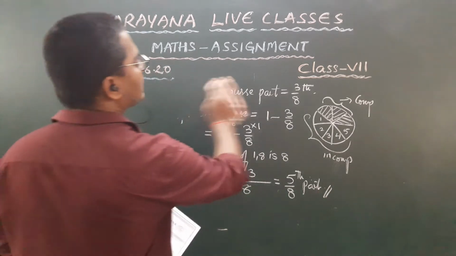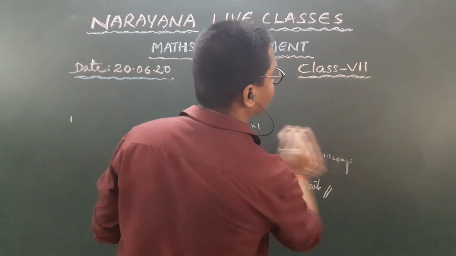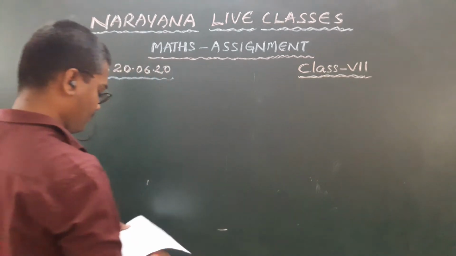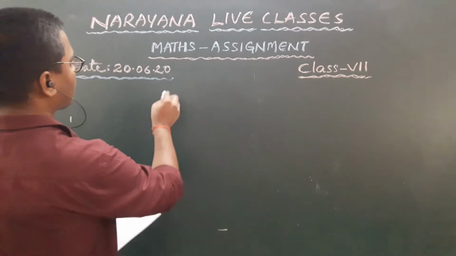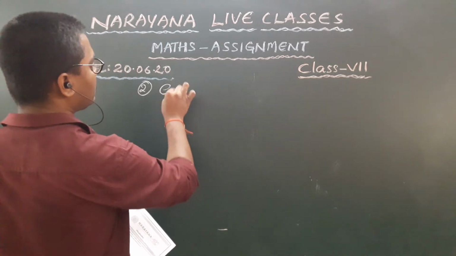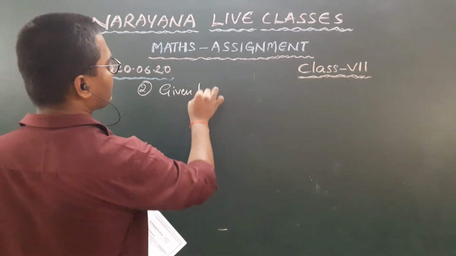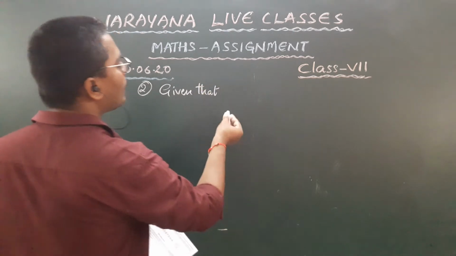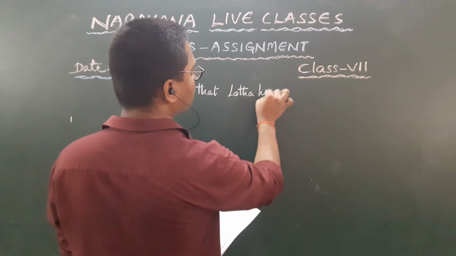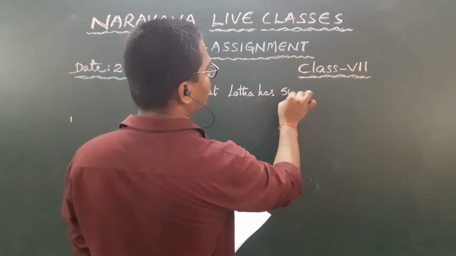Now coming to the second question, children. The second question is, Lata has 50 marbles. Given that Lata has 50 marbles.